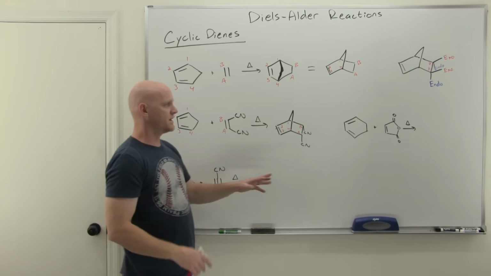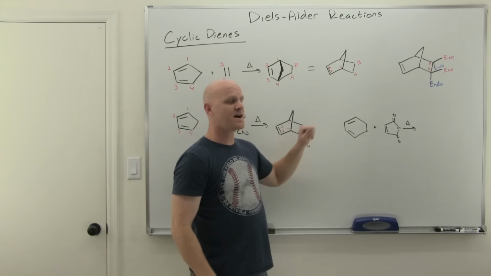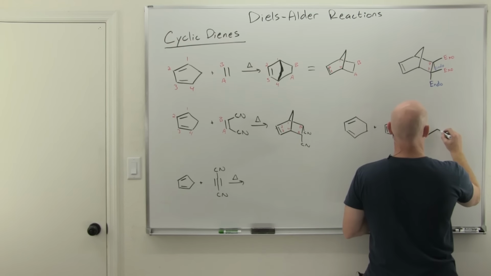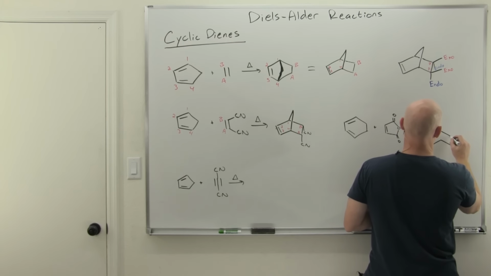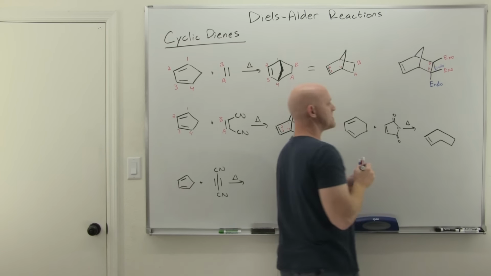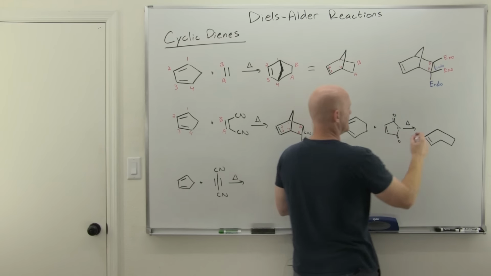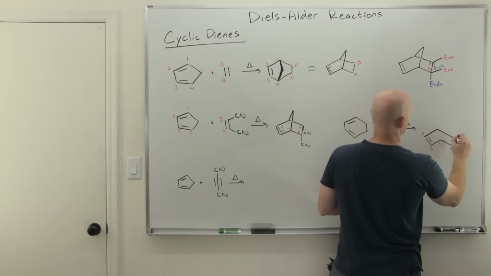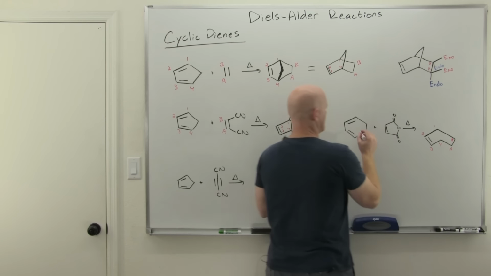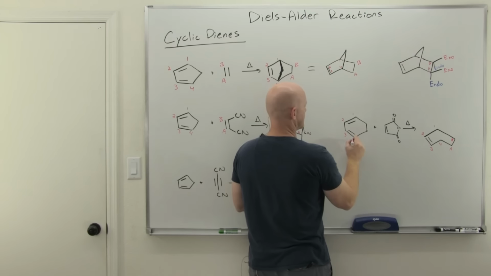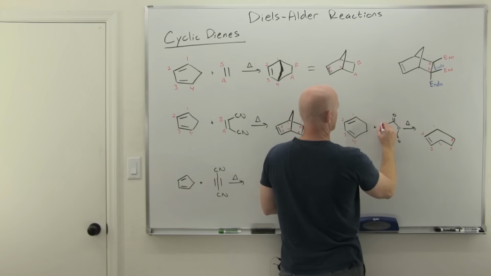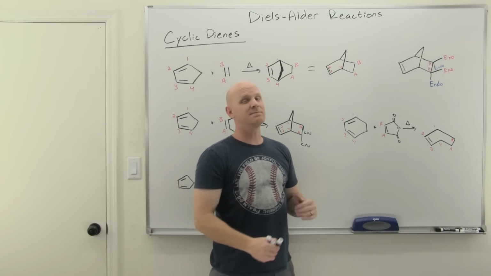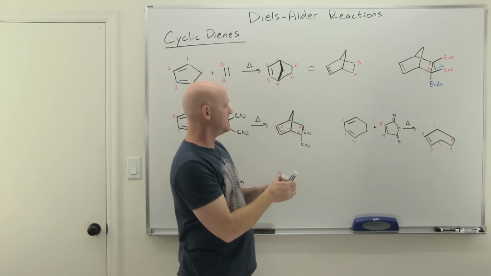Let's take a look at another one here. So here I've got a six-membered ring instead of a five-membered ring. So there's my most basic Diels-Alder product. And once again, we've got 1, 2, 3, 4, A and B. And this is one of the more complicated ones, but by the time you label it like this, it makes it significantly easier.